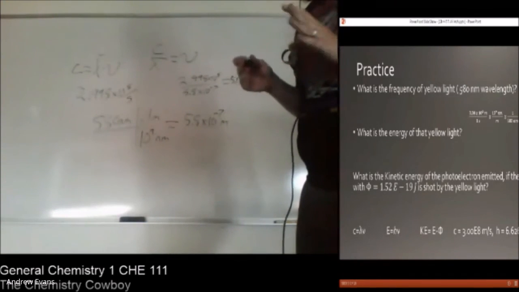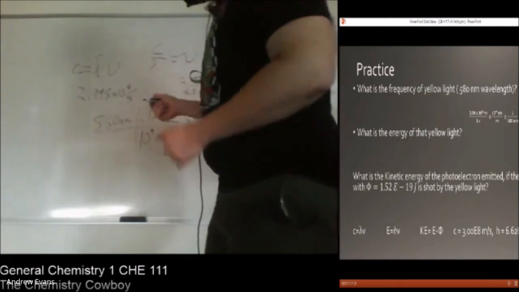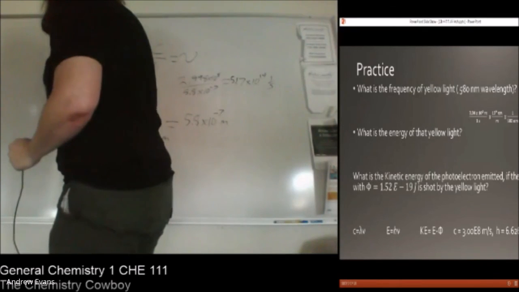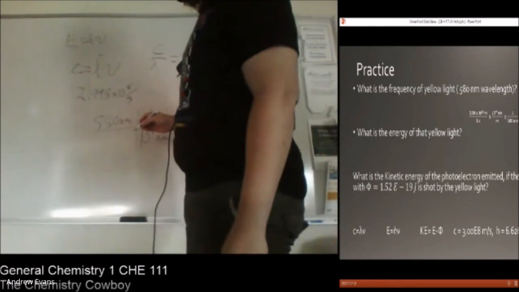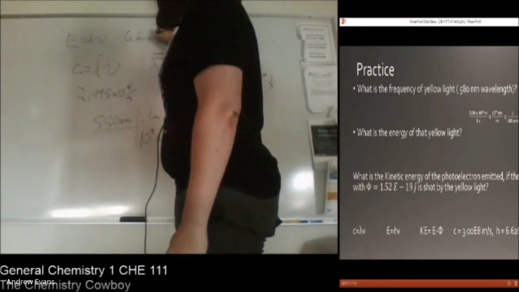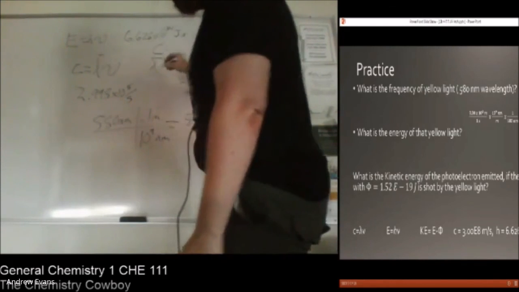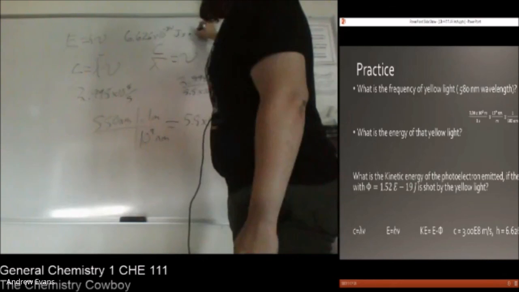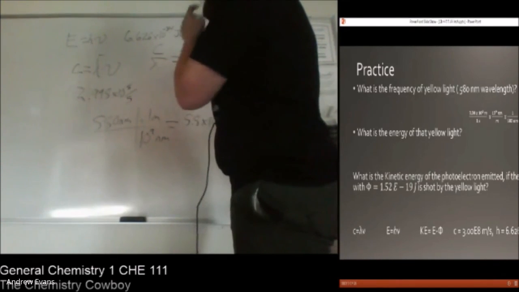Because what is the energy of that yellow light? Well, the next equation, energy is equal to h nu. h is 6.626 times 10 to the negative 34th joule seconds, times our 5.17 times 10 to the 14th per seconds.